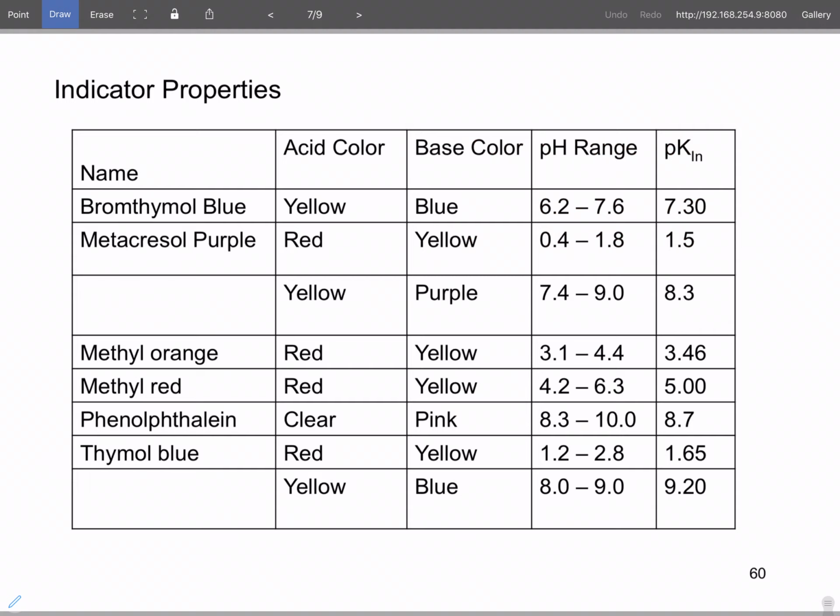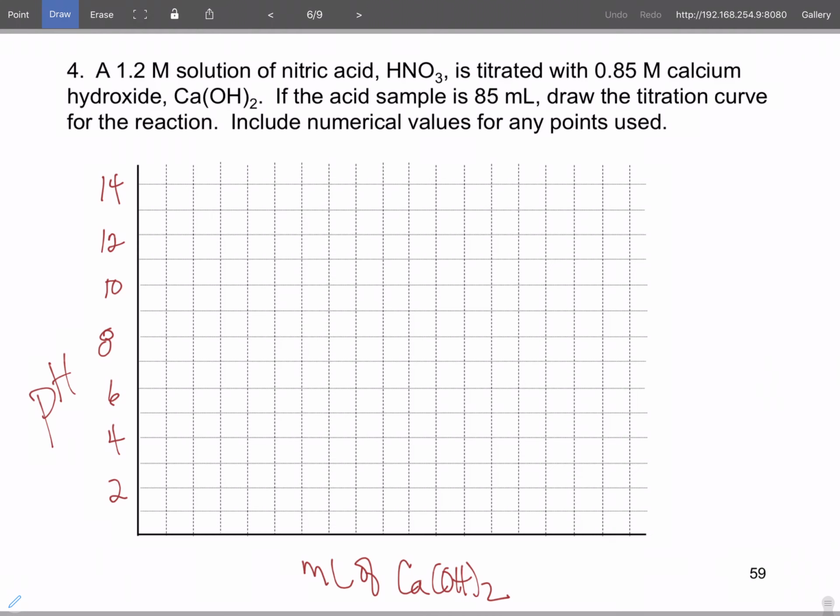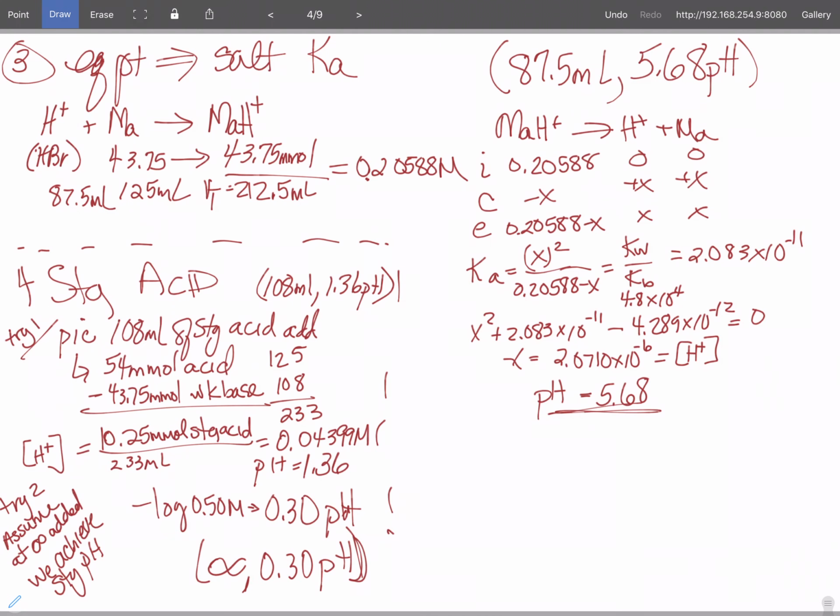So this range would work for the weak base. 5.68 wouldn't work up there, wouldn't work up there, so that's the one. Even though the middle is 5, it goes all the way up to 6.3. So we're going to go with methyl red. If we were looking for the indicator here, we would say the indicator is methyl red.